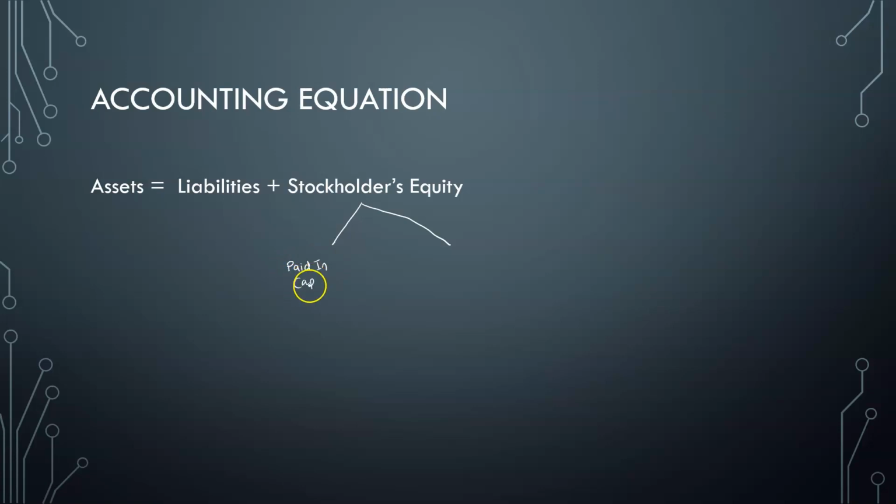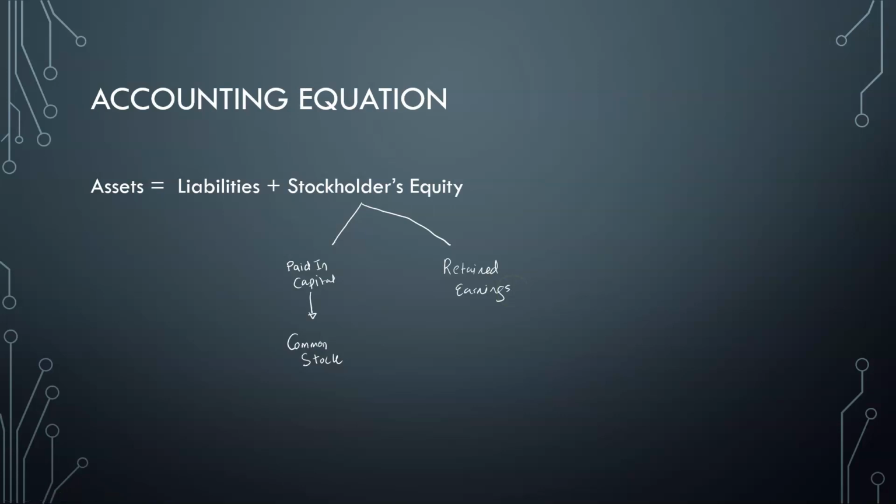Paid-in capital represents what the investors have contributed, and under paid-in capital, for this part of the course, you only know common stock. Later on, there'll be other things that come into it, but common stock is the only component of paid-in capital. And then that is what the investors have contributed. The other part of it is retained earnings. Retained earnings are generated by activities of the company.